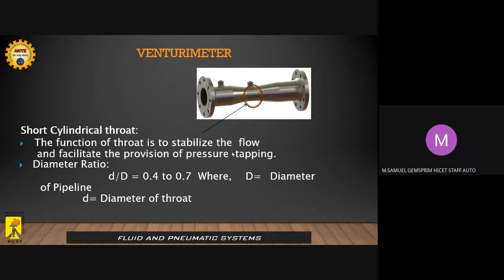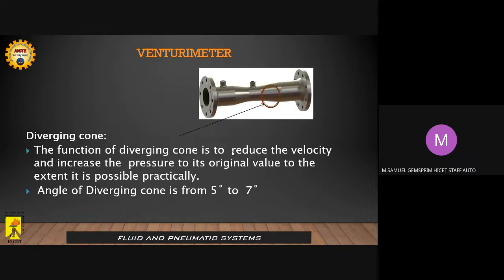Next we have the third important part, known as the diverging cone. The diverging cone is required to bring the fluid flow back to its original condition. Since we are only measuring the fluid flow using the venturimeter, its main duty is to bring it back to the original pressure and velocity condition.